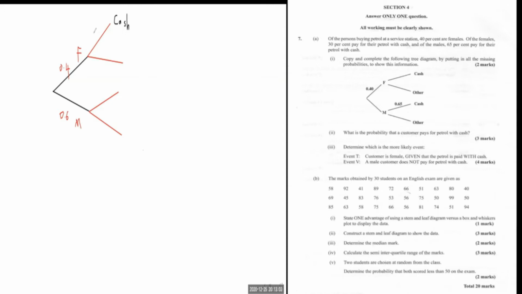He told us that of the females, 30% pay with cash. So 0.3 pay with cash. So that means 70% pay with other, 0.7 pay with other. And then for males, it says 65% pay with cash, and so that means 35% pay with other.